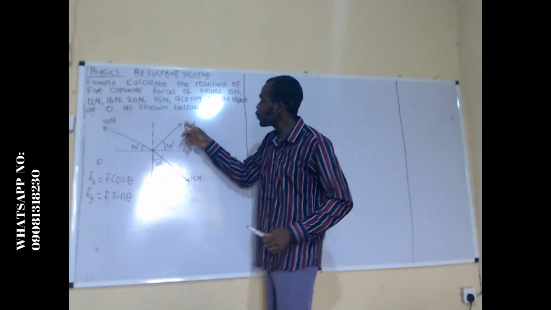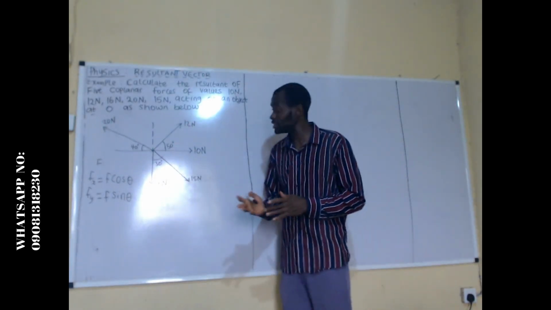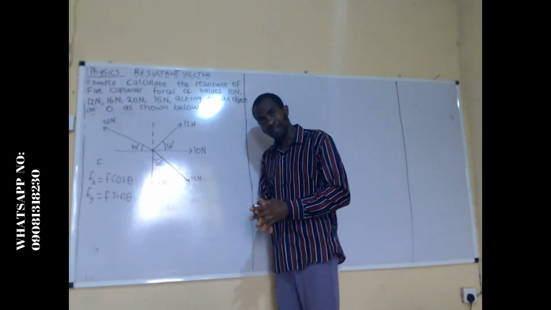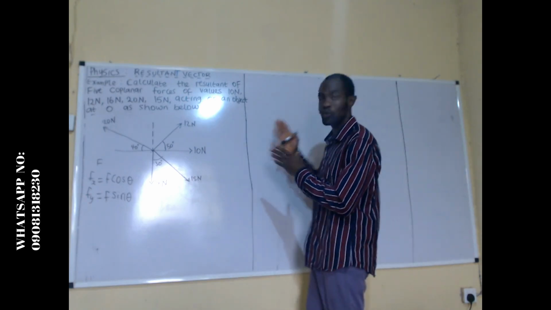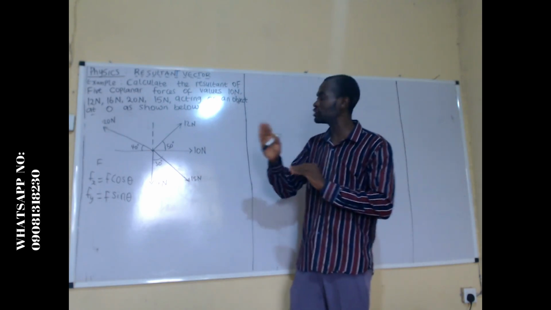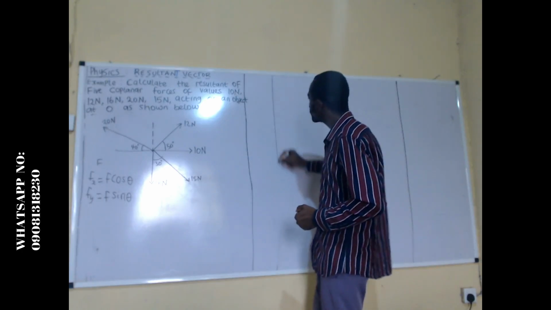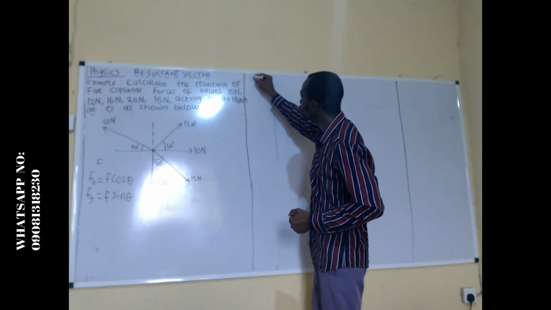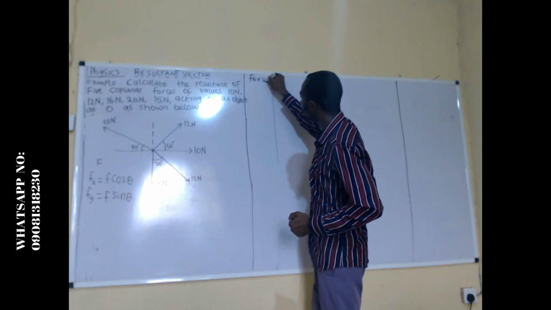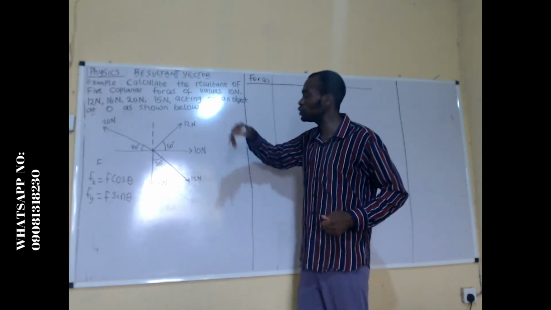Now we want to resolve these 5 forces into their x component and y component. To do that, I will employ a table. I will place them in a table so that we will resolve them individually. In this table, we start with forces. Now we are starting with the first force.